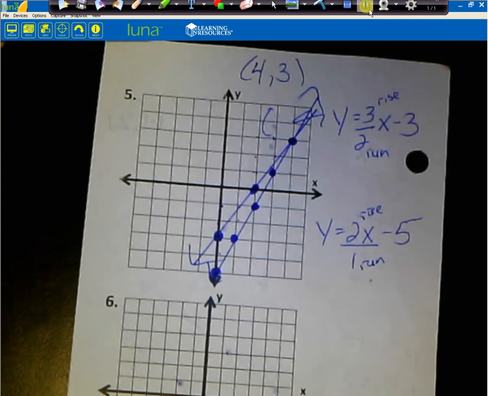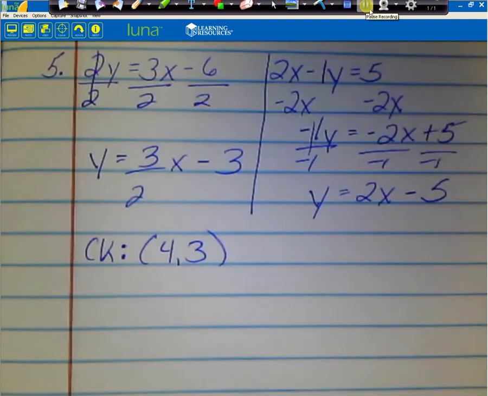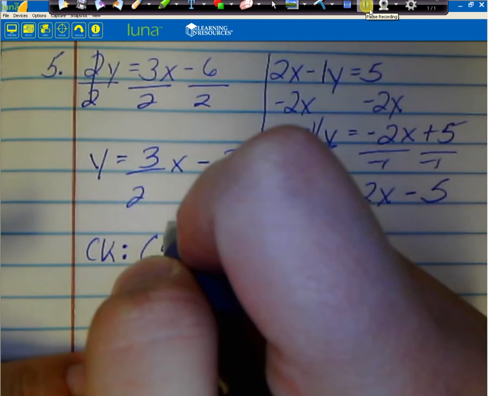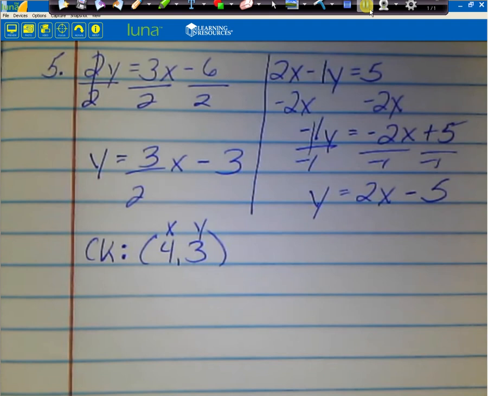Now we need to check it in both equations to make sure that I got the correct point. So we're going to move back over to notebook paper. Make sure you have the two lines graphed and your ordered pair before you move on. Alright, so on number 5, we're going to check the point 4, 3. So this is my x and this is my y, so I'm going to check it in both.